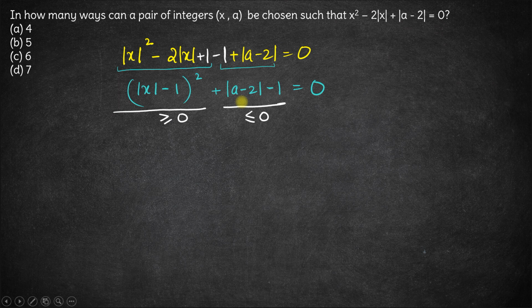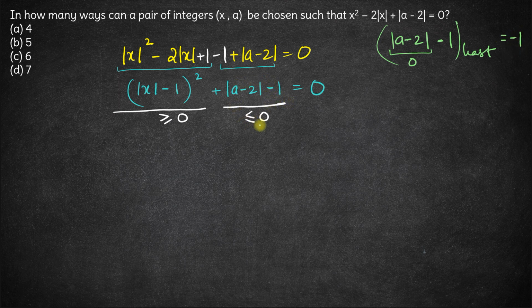So what are the integral values that it can take? Let's start with what is the least value that it can take. It has to be 0 or less than 0, right? So let's focus on mod of a minus 2 minus 1. What is the least value? The least value will be when this part is least possible. And what is the least possible value of mod? The least possible value of mod is 0. Hence the least possible value of this expression is minus 1.